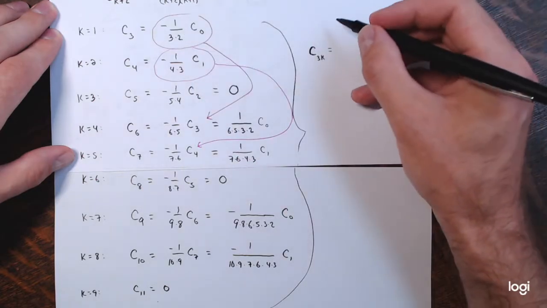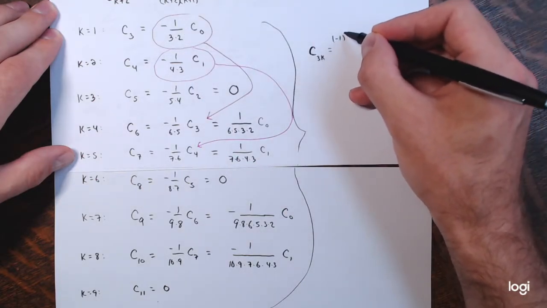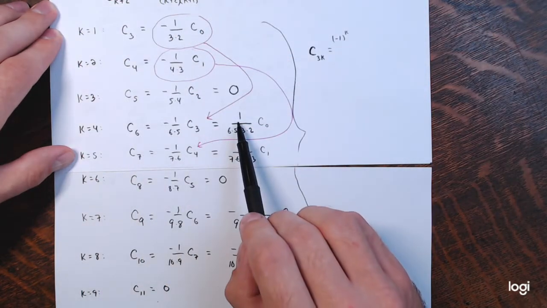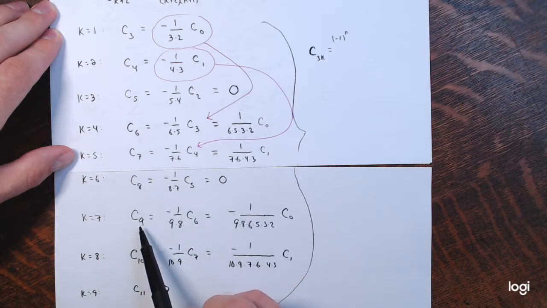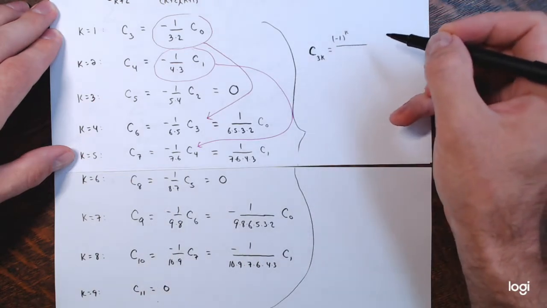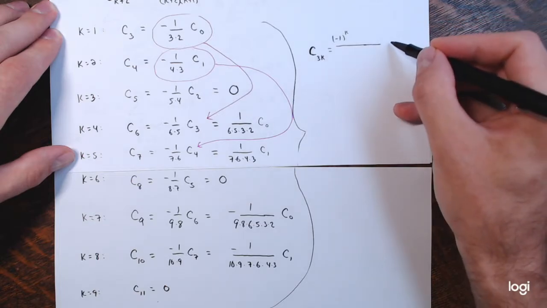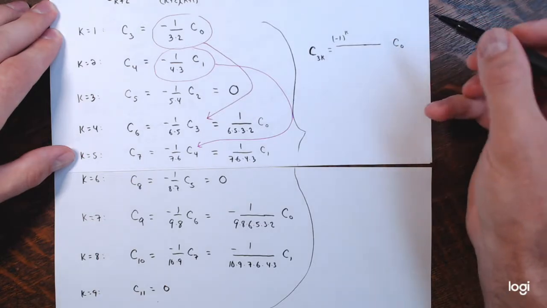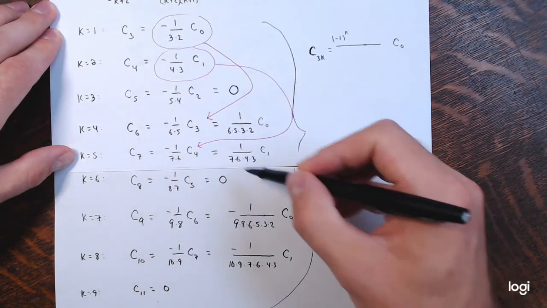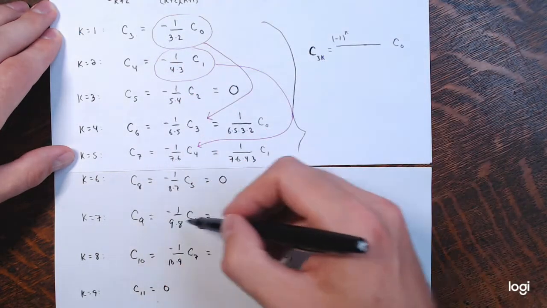You'd have negative 1 to the k, right? Because 3 times 1 has a negative, 3 times 2 is positive, the negative 1 to the second, 3 times 3 is negative. And then it's going to depend on C sub 0, right? All these multiples of 3 depend on C0: C3, C6, C9.